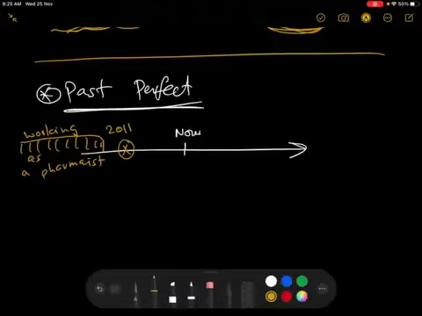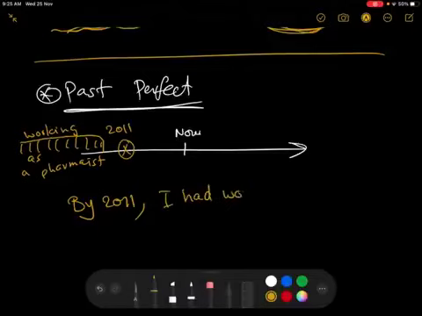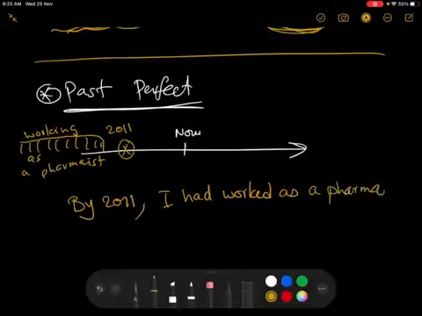So when I want to say before 2011, we don't say before 2011. Native speakers usually use by 2011, comma, I had worked as a pharmacist.